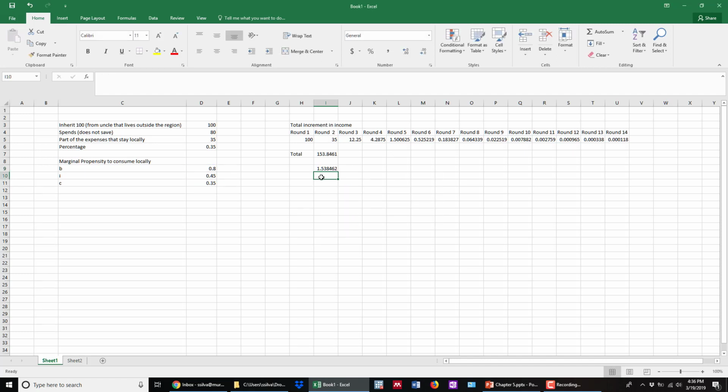That gives 1.53, that's the multiplier. Or directly you can calculate it as 1 divided by 1 minus C, and there you go again.